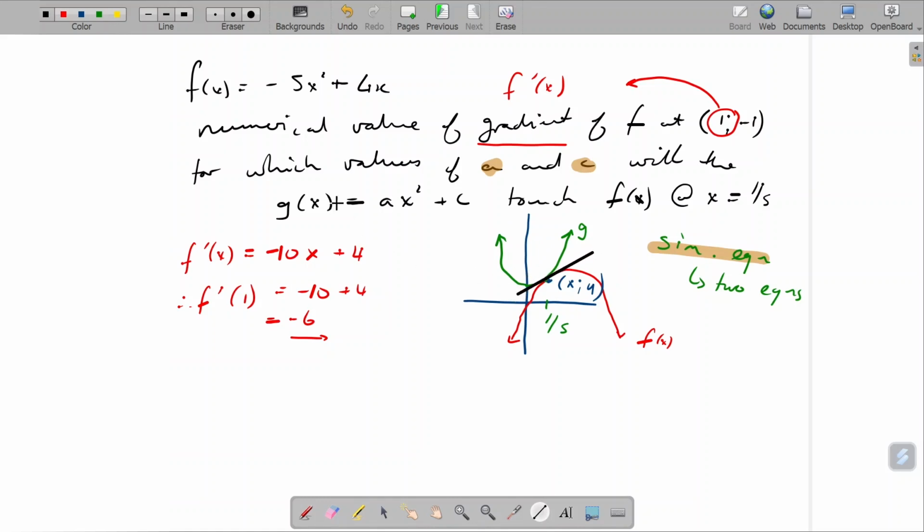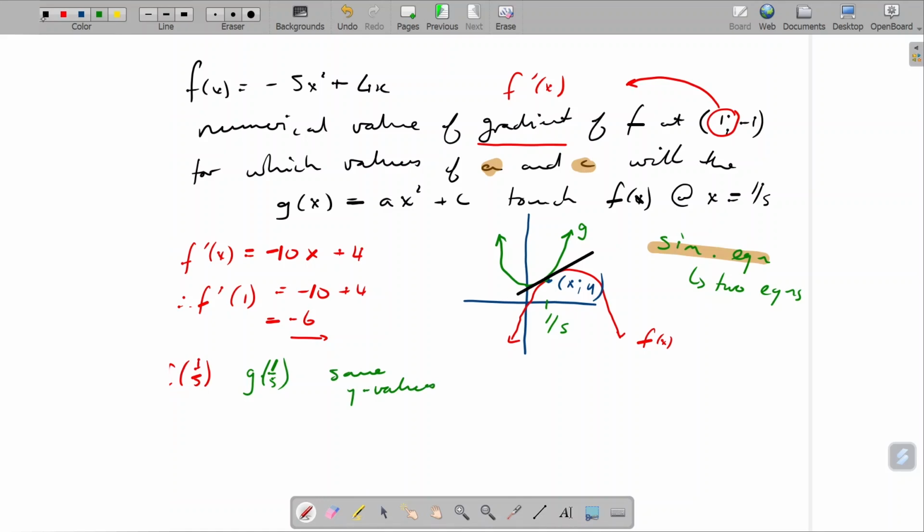As a result, we should be able to realize that at this point of contact, f of 1/5 will equal g of 1/5. Same y values.